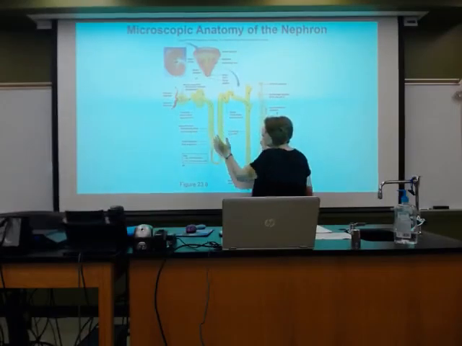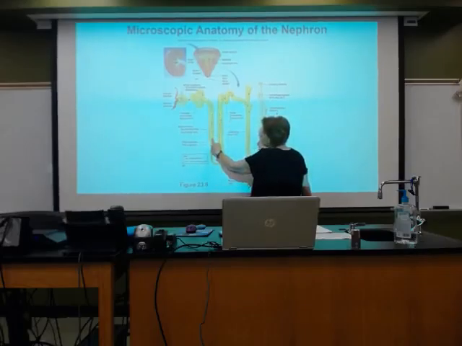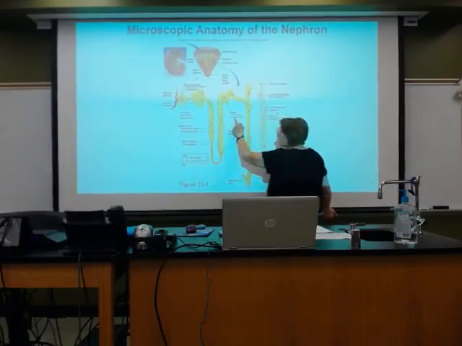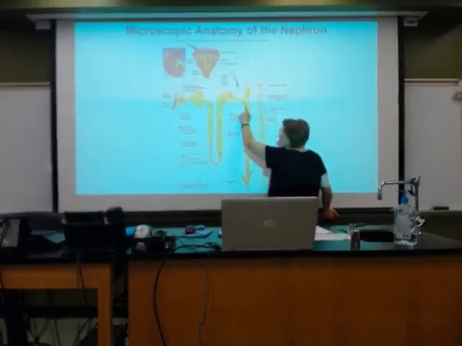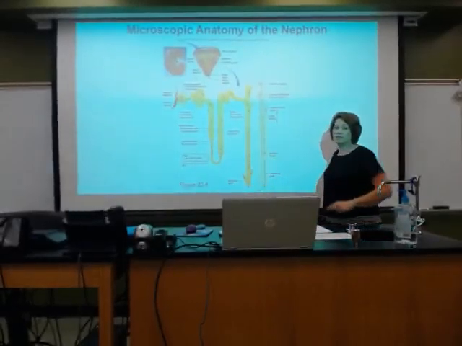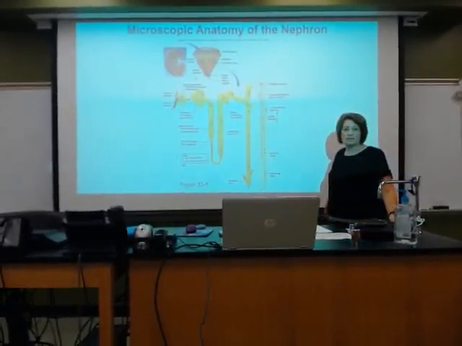So we have thick and thin segments. We have our descending loop, our actual loop of Henle, our ascending limb. We drop into the distal convoluted tubule and then make our way into the collecting duct. That's going to be the flow of the fluid.